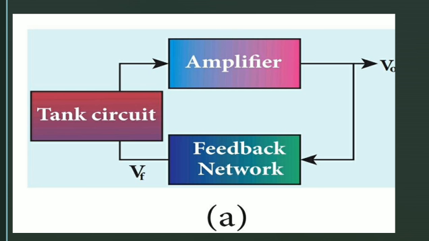There are two types of feedback, positive feedback and negative feedback. With positive feedback, the output voltage increases, and with negative feedback, the output decreases. Okay, this is the oscillator circuit, right?